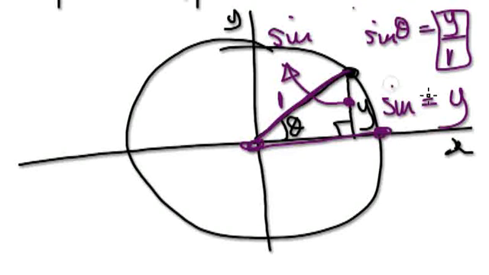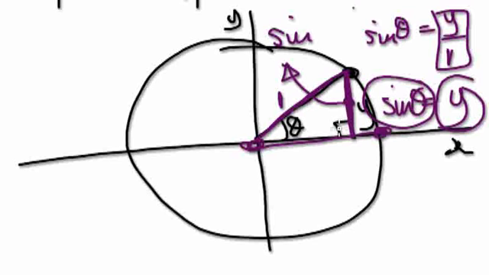So when you have a circle of radius 1, y, which represents the height of this point, is given by sine theta. As you move around, the height at any given theta is sine theta.